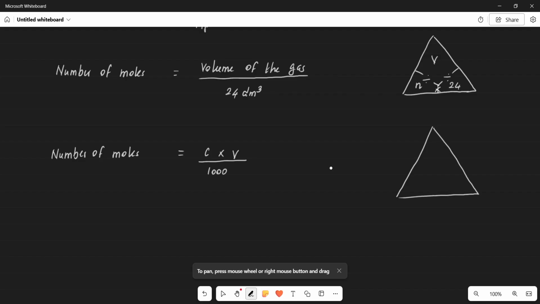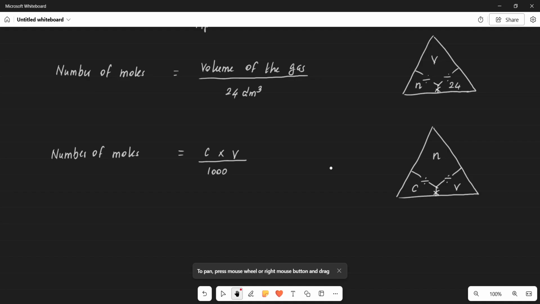Please be careful, gas volume is different from volume of a solution. Concentration is equal to number of moles over volume, so the rearranged formula is number of moles equal to concentration multiplied by volume.